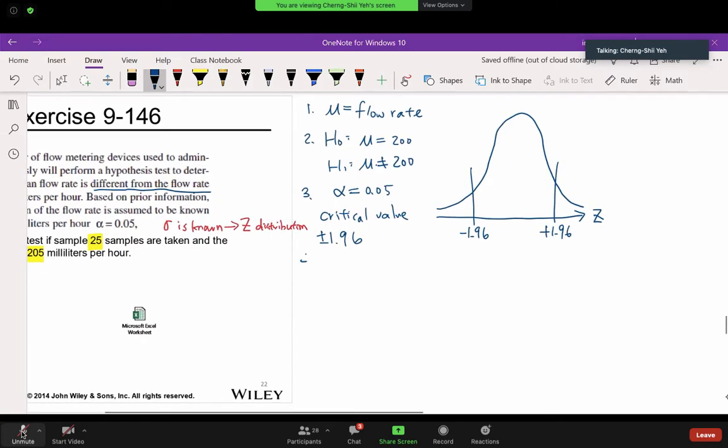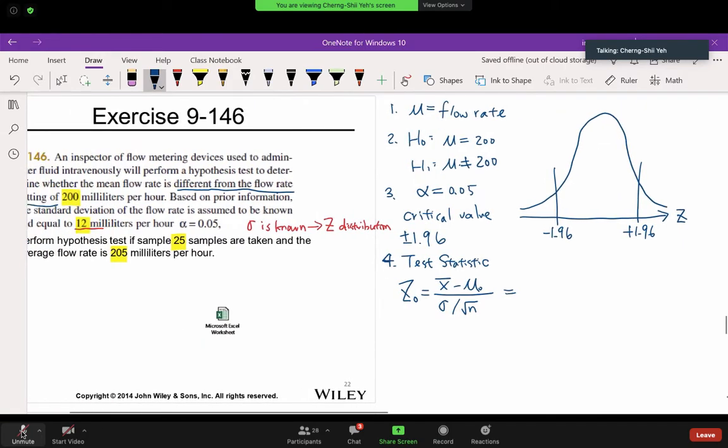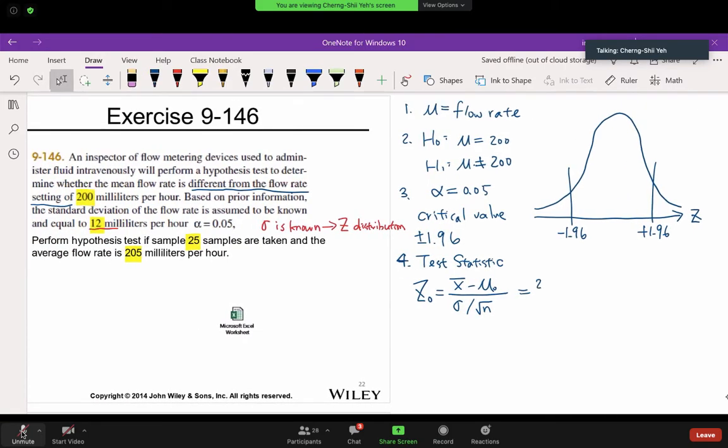Okay, step 4. Let's calculate a test statistic. My z-test statistic is the sample average, subtract what we believe the population mean is, divided by sigma, divided by square root of n. Sample average is 205 milliliters per hour.